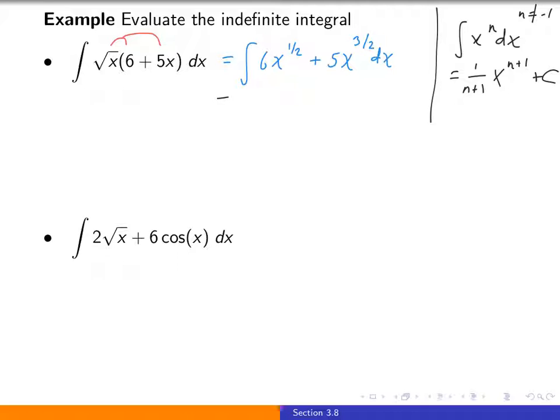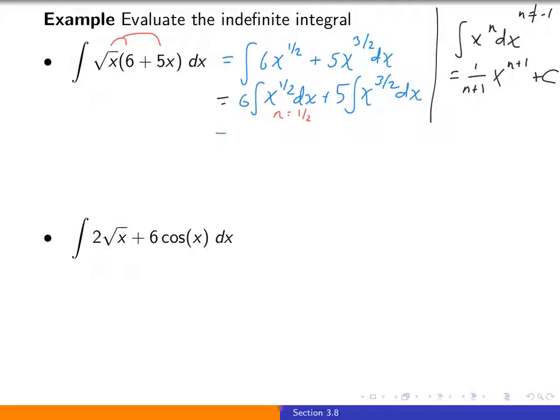So breaking this up into two, we will have 6 indefinite integrals of x to the 1/2 plus 5 indefinite integrals of x to the 3/2. In the first, our value of n is 1/2, and 1/2 plus 1 is 3/2.